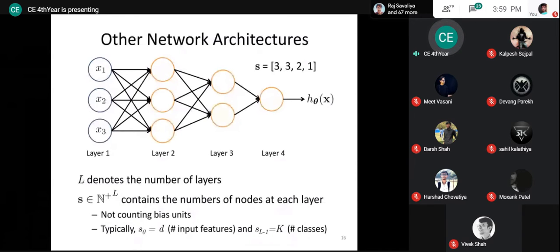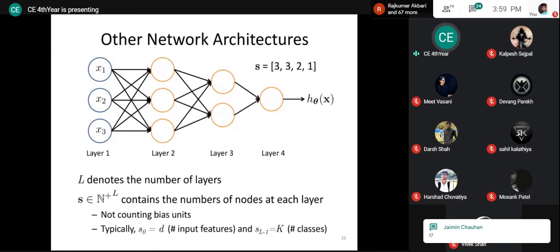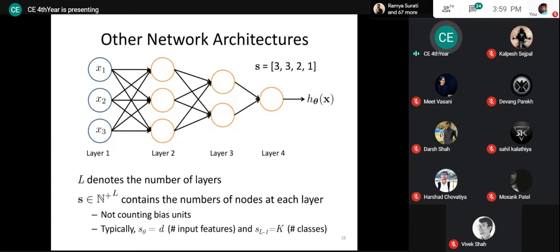Right. So can anyone quickly tell me what would be the number of parameters for this? And consider the bias term also. Total number of parameters.